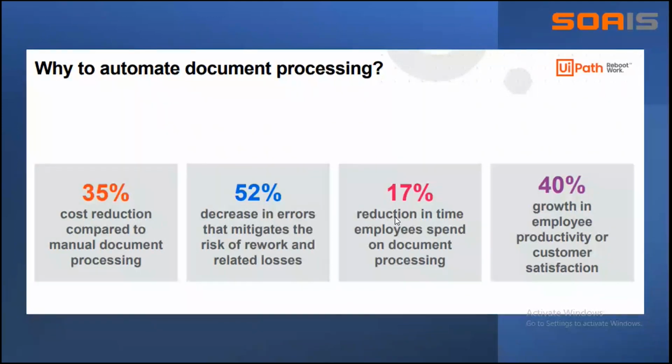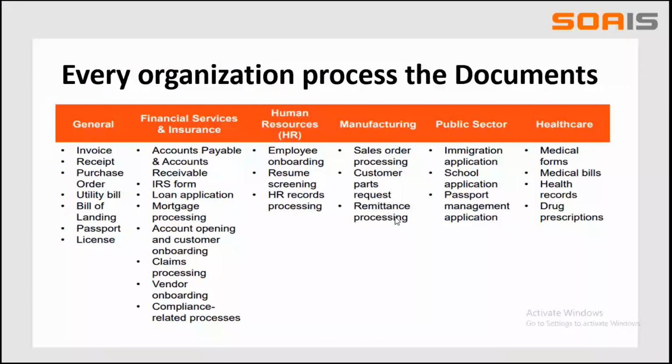Every organization processes documents, yes. And here are a couple of sample types of documents which each industry is going to process by using OCR technology. In general, we are going to process invoices, receipts, purchase orders, utility bills, bills of lading, passports, licenses, or any kind of identity proofs.